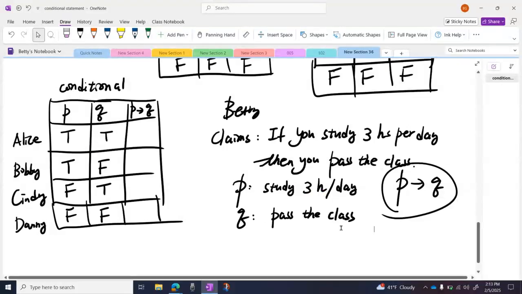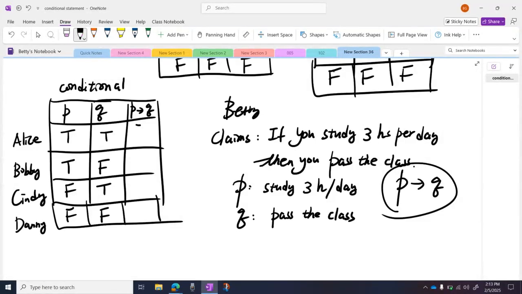She passes the class. Think about it, is Alice going to be happy? Of course, she passes, right? But also, in Alice's case, logically, my claim has no problem. My claim is true.